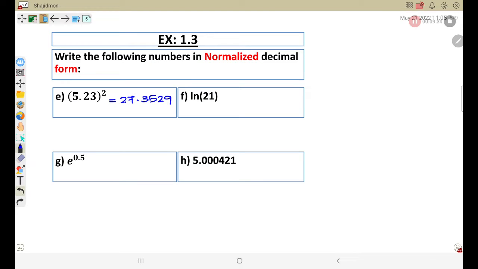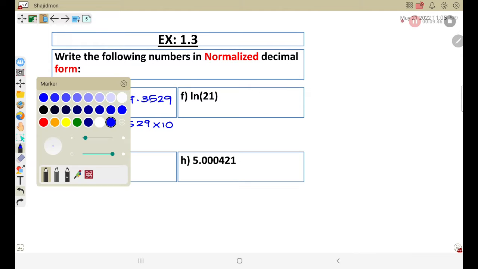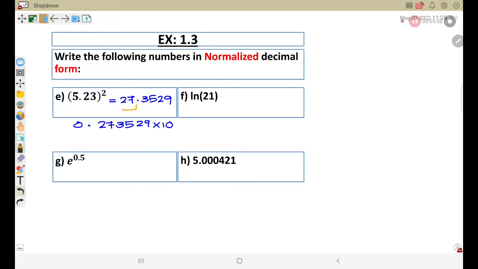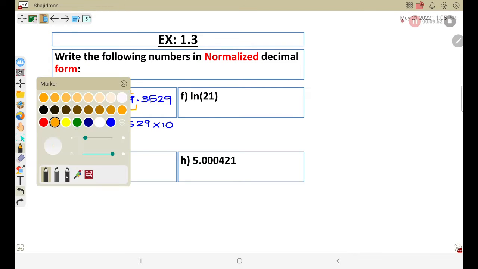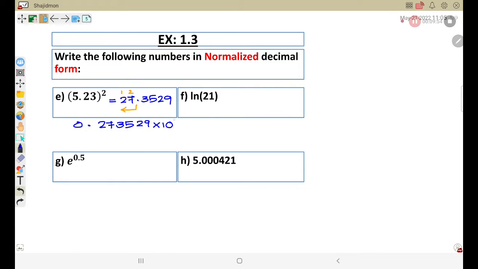Now we will write the number in normalized form. So starting from 0.273529 multiply 10 power. Just check how many numbers before the point. We have 2 numbers, so we can write multiply 10 power 2. That is the normalized form.